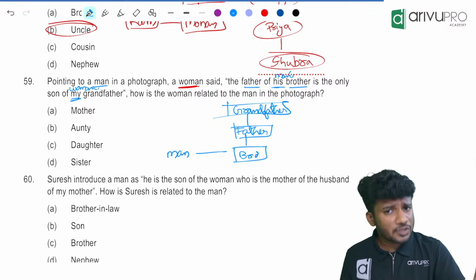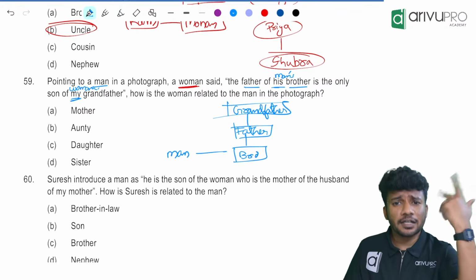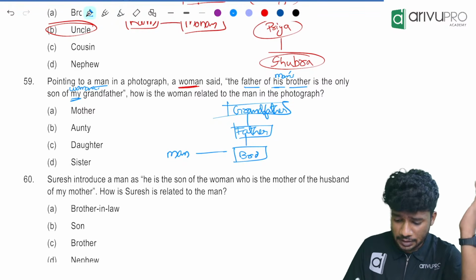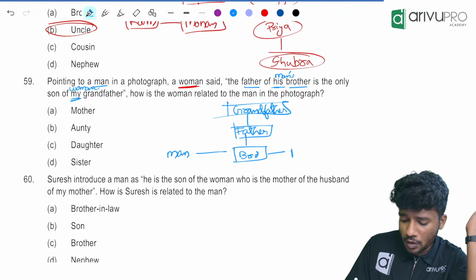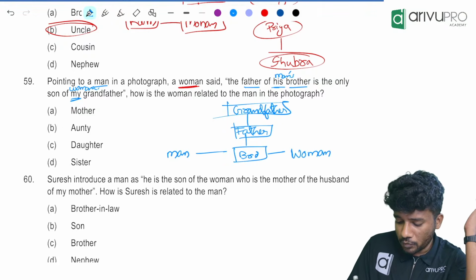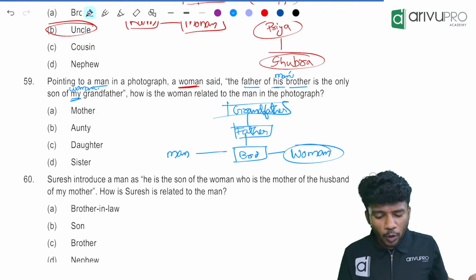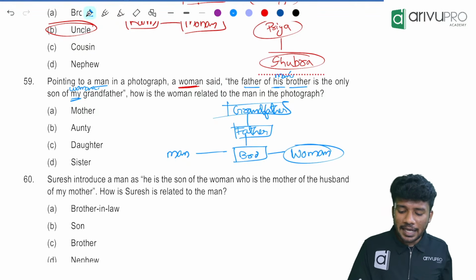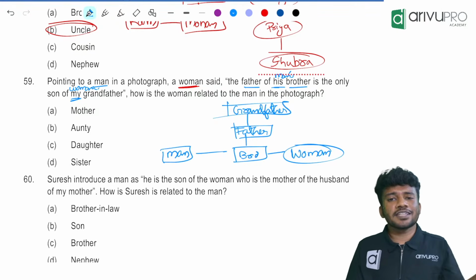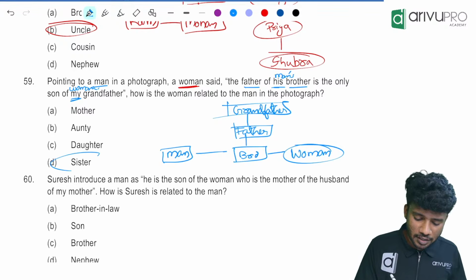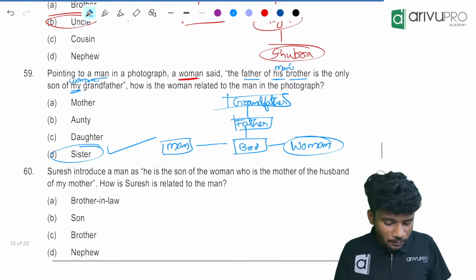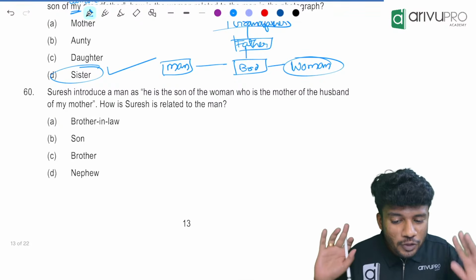Now, where will be the position of that lady so that she can call this particular person as grandfather? The person should be over here. Woman should be over here. So, the man and woman are related. How? They are in the same generation, sibling relation. They are siblings. Okay.